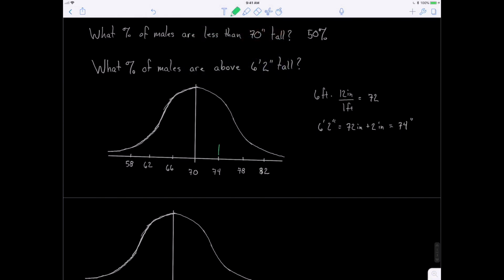So if I draw a line above 74, what I want now is all of the people that are above. Well, above 74, that's this entire region here. All of these people are above 74 inches tall.